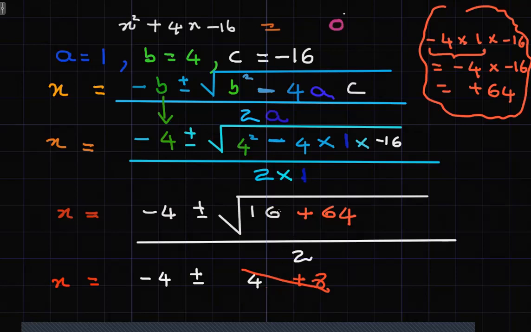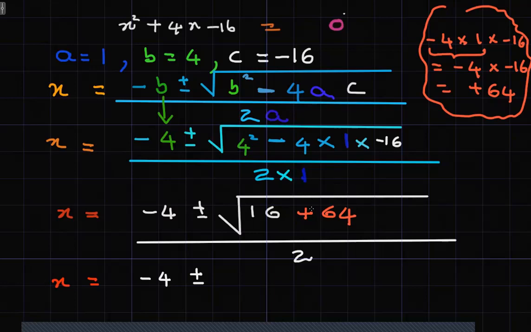Because when there is a square root, and inside the square root sign there's an addition, you cannot treat the numbers separately. Because in between them there's an addition. Before you find the square root, first you got to add the two numbers. So when there's an addition or subtraction, you cannot give the square root sign to individual numbers.